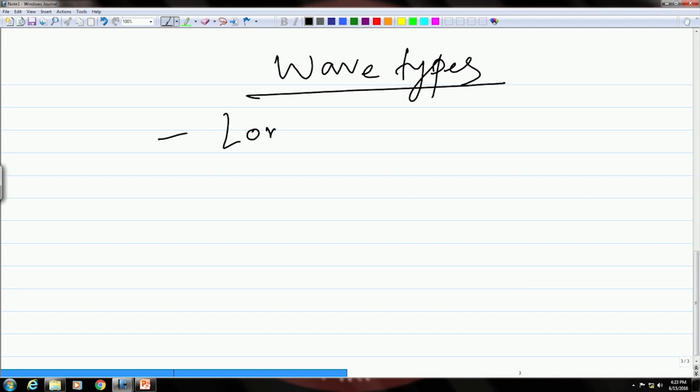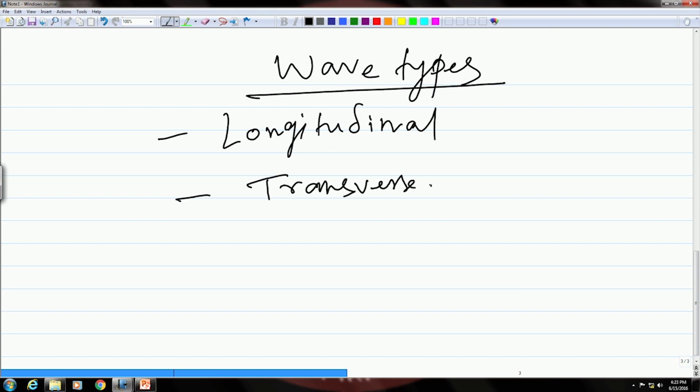One is longitudinal and the other one is transverse. Let us see why it is called longitudinal and transverse and what is the difference between them.